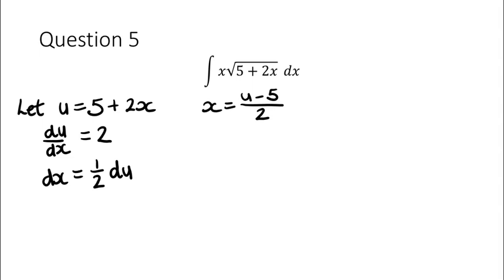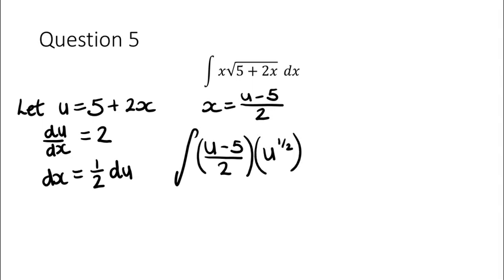The 5 plus 2x gets replaced with a u, and the dx will get replaced with a half du. Everything's going to be in terms of u, and I've got a du as well. That's the goal here. So, as I said, the x we replace with u minus 5 over 2. The 5 plus 2x gets replaced with u. And then the dx, I'm replacing that with a half du.